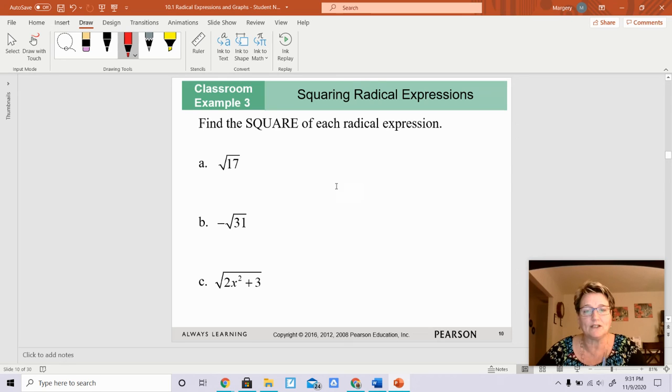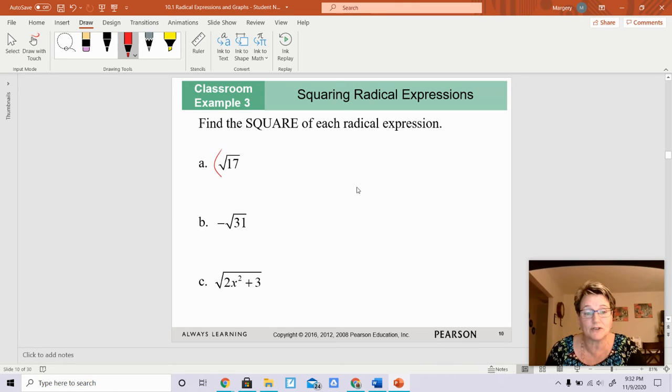Now the next one, squaring radical expressions. Again, find the square of each radical expression. If you're just finding the square, I take it that they just want you to square it.